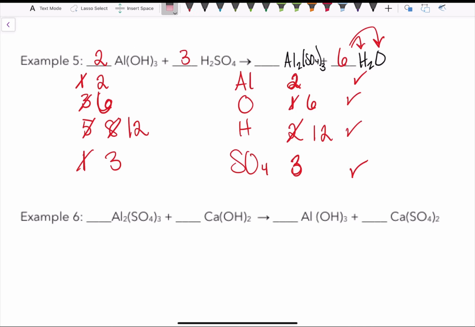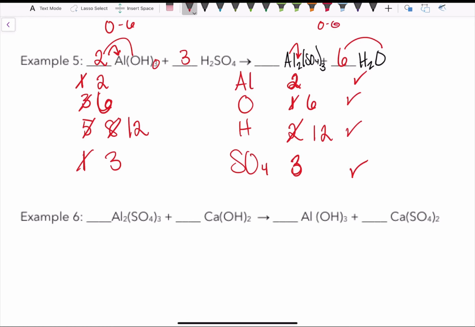Okay, let's double check and make sure everything is balanced before we wrap this up. 2 aluminum, 2 aluminum. Oxygen, we have 2 times 3 is 6 over here. Oxygen over here is 6, so that's good.